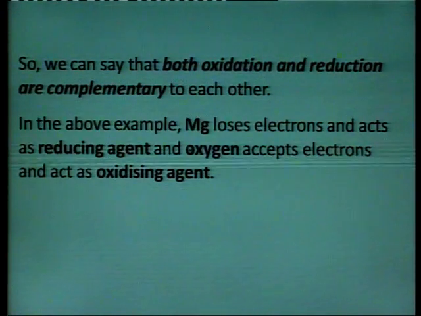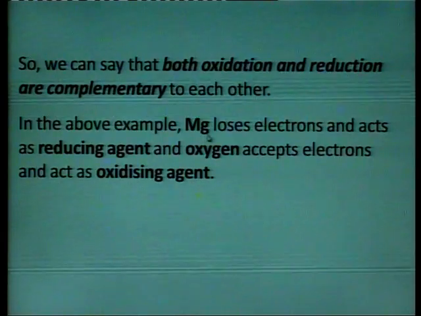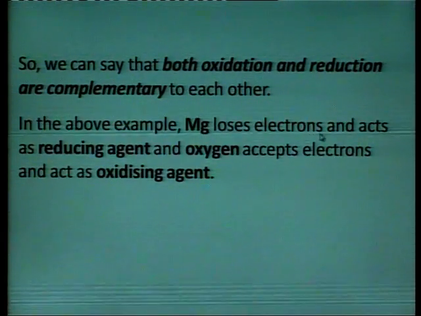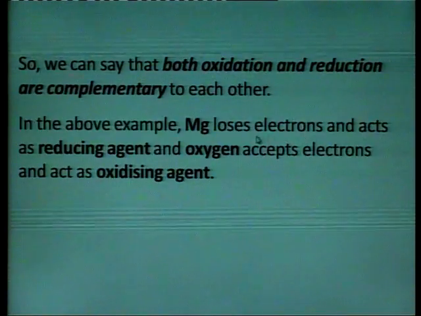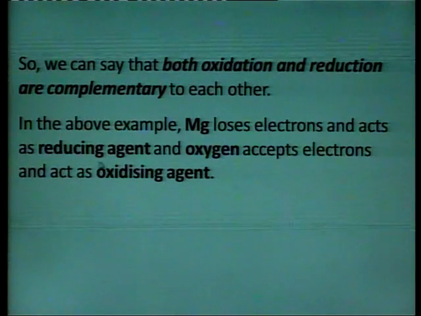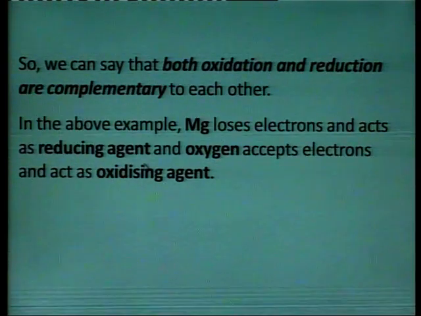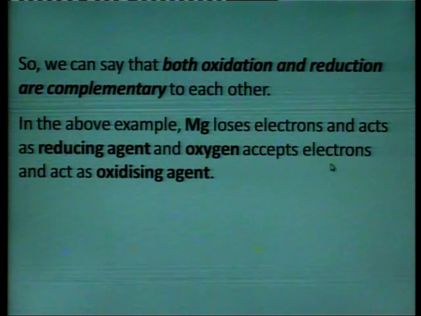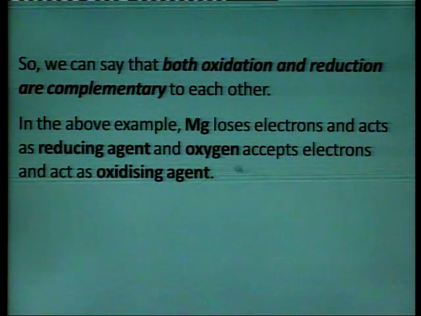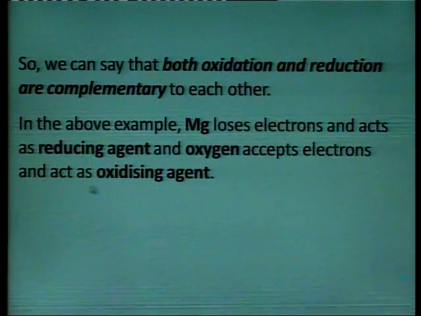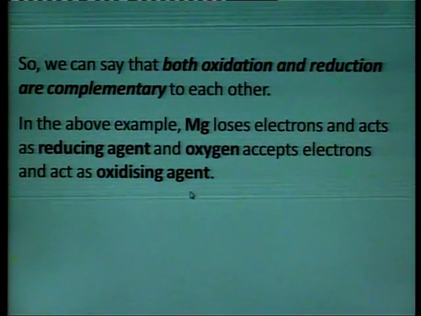In the above example, magnesium loses electrons, so it is undergoing oxidation, but it acts as a reducing agent, and oxygen which is accepting these electrons is undergoing the process of reduction. It will behave as an oxidizing agent.